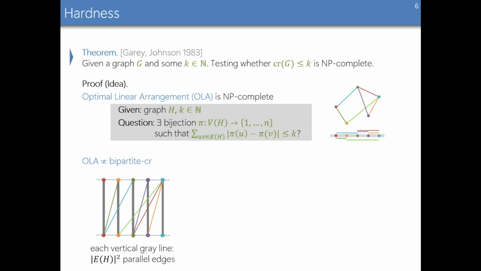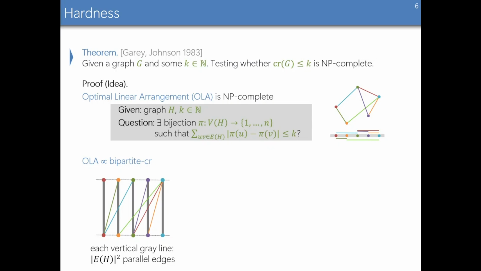So it's really just a question of finding a permutation of the top and the bottom layer such that the number of crossings is minimized. And the graph that you construct from the optimal linear arrangement problem just works like this. For any vertex you have in this graph here, you have two vertices in your bipartite graph.